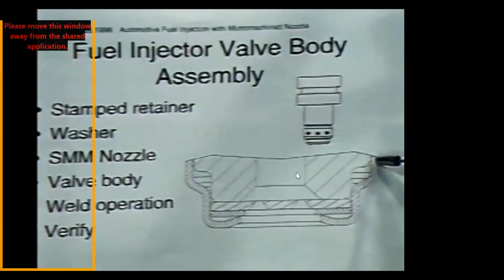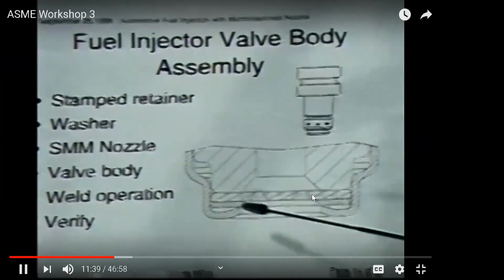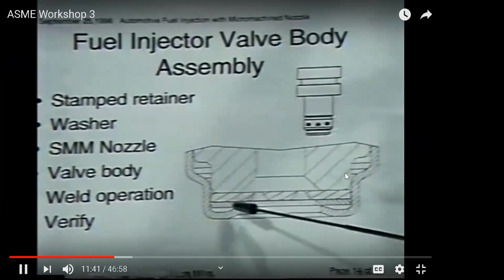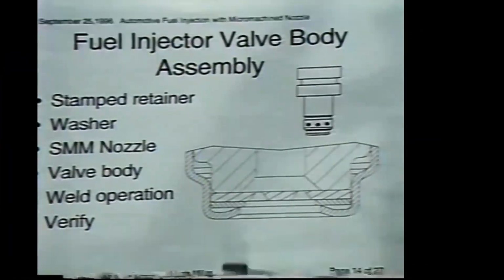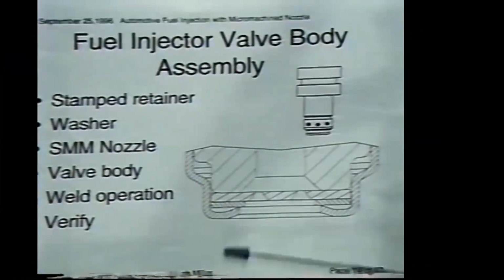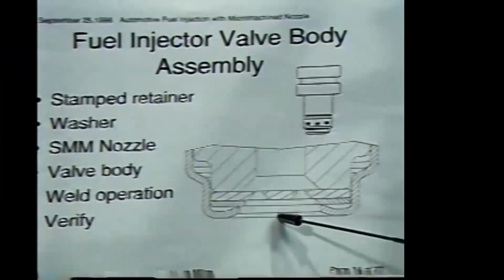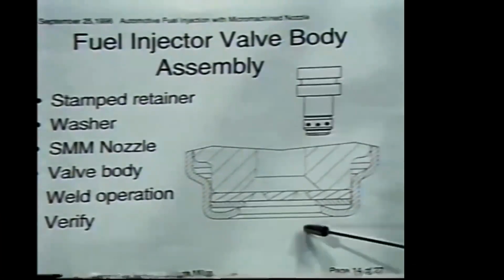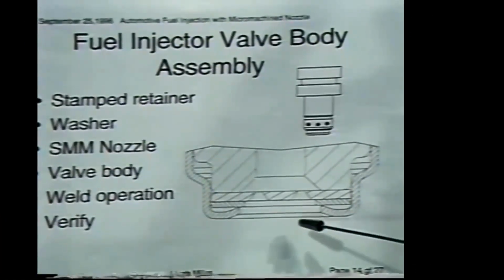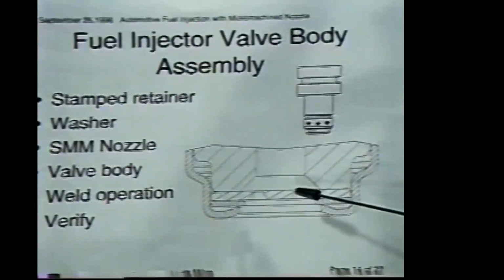Then it consisted of a stamped washer, our nozzle, and a valve body. Finally, the valve assembly was welded together. There are about 10 different welds and a perimeter weld. And then finally, we would inspect our units optically with a reflective method, looking for surface flatness, as well as using infrared microscopy.